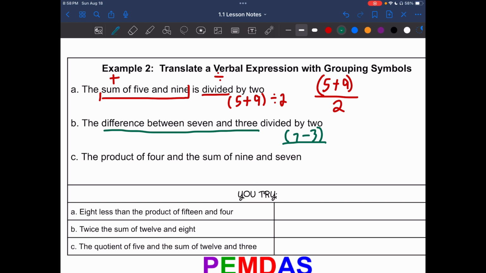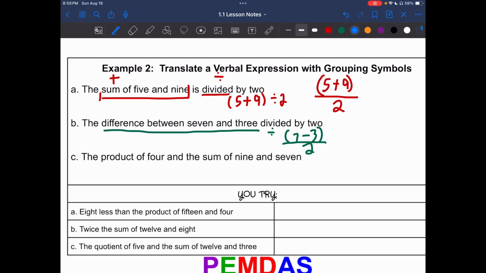And now we have divided by again, so we have our division symbol, and I drew that in as a fraction, and we're dividing by 2. So we've got parentheses 7 minus 3 and parentheses over 2. Another way this could be phrased is the quantity 7 minus 3 over 2. The quantity tells you that you have parentheses or grouping symbols happening there.